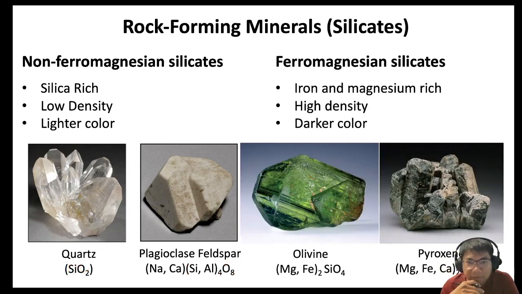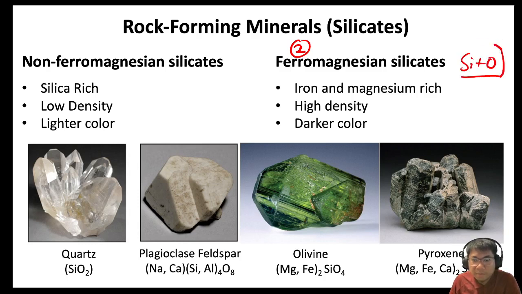The second subdivision of silicates is called ferromagnesian silicates. Ferromagnesian silicates also have silicon and oxygen, so don't forget about that, but they also have some additional elements within the mineral.